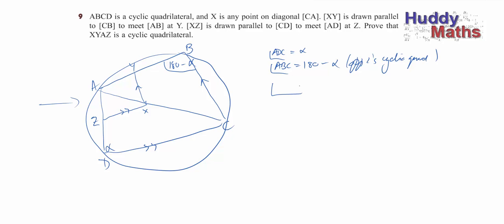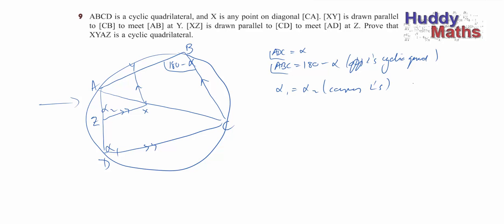Now let's do something else. Let's say here, let's call that alpha 1. Alpha 1 equals alpha 2. I'm going to use those parallel lines next. Alpha 1 equals alpha 2, so they are corresponding angles. It's easier to put in those alphas.